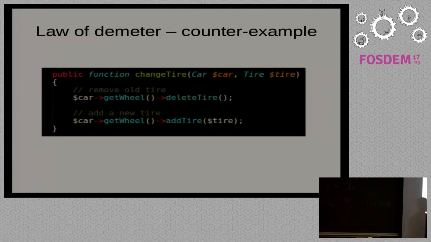So you can talk directly to this object. You can pass a wheel, for instance, and not a car. So you will talk only to one level. That's not mandatory, but it helps to reduce coupling.